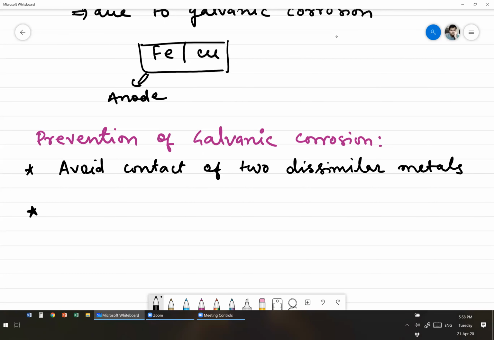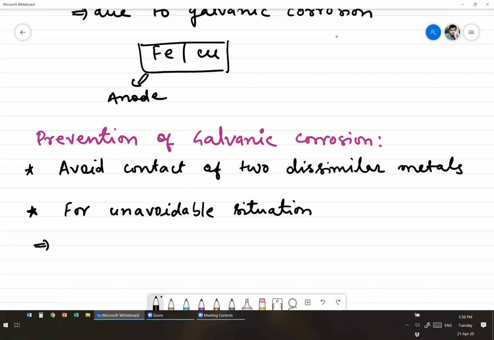But if in any situation it is unavoidable, and we can't avoid the direct contact of two dissimilar metals, then for that unavoidable situation, what we can do is this: if we have to keep two different metals in contact, then always remember that the area of the anodic metal should be larger than the cathodic metal.